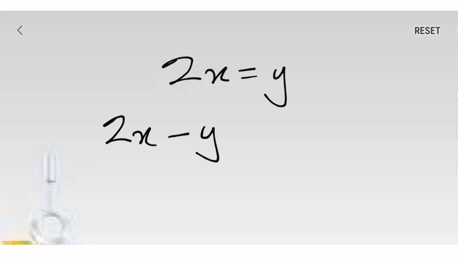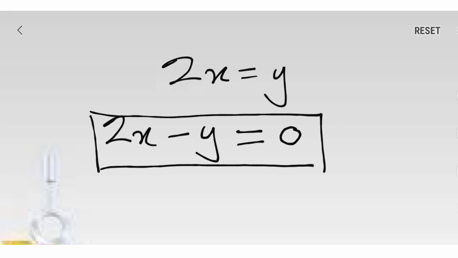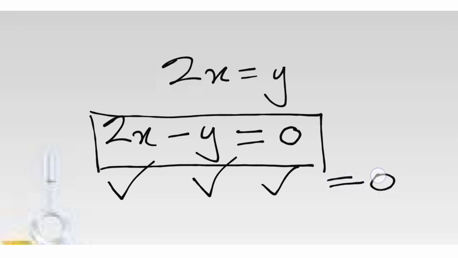We wrote the x term, and equal to y will be minus y on the left side, and equal to 0. Nothing is there on the right side, so 0. So 2x minus y equal to 0. This is the standard form of the given linear equation. So to write an equation in standard form, first we will write x term, then y term, then constant term. Here constant term is not there. Then at last equal to 0. Clear?